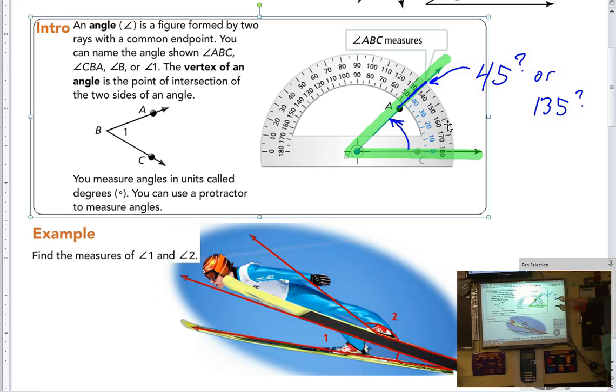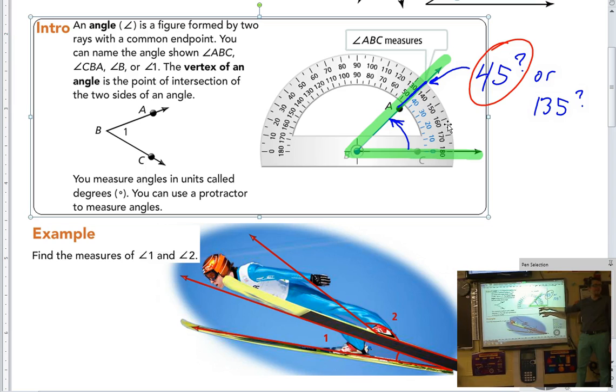What size of angle is this? Is it acute or obtuse? It's acute. We can see that. So we know that it's got to be this measure. But how we choose that is we look where our line is flat at the bottom. And of course, we can rotate the protractor so we can always make it flat.